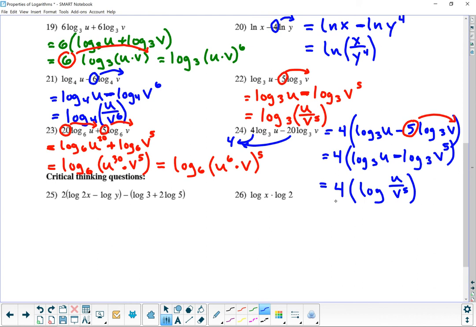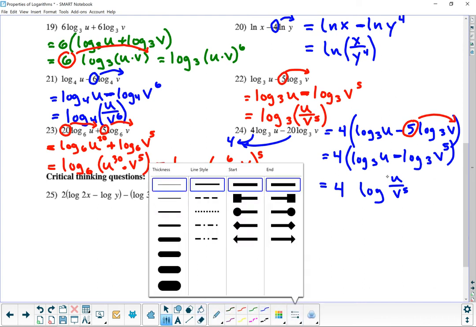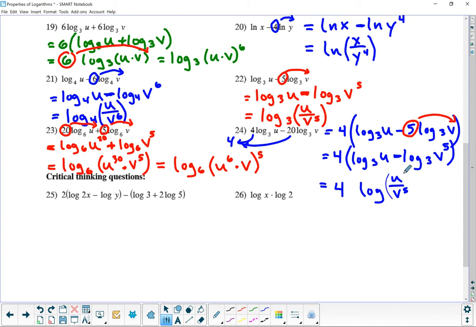And then knowing that this is 4 times, actually I'm going to do it like this. I'm going to go ahead and get rid of this parentheses, and then I'm going to put a thin parentheses around that.